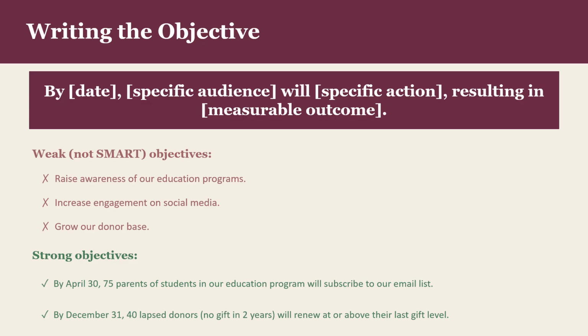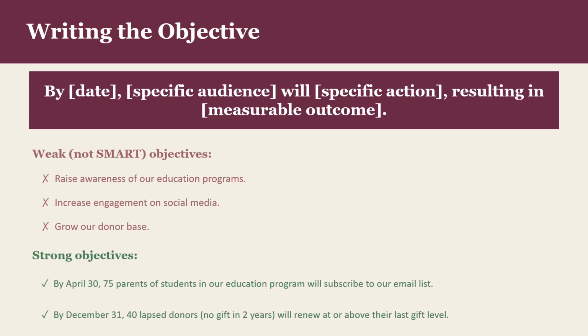The strong examples are uncomfortable for some people because they get so specific. What if we only get 60 subscribers instead of 75? Well, that's meaningful information. It tells you something about your list growth rate that will make your next campaign better. Failure's not great, right?